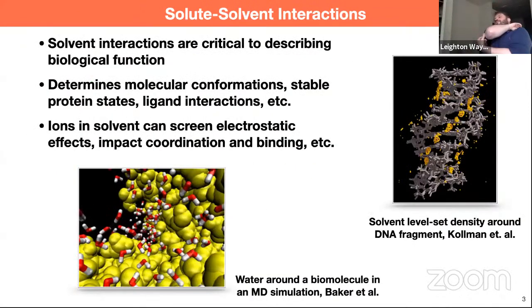Okay, so this again is not going to be something that's surprising or news to anyone, but solute-solvent interactions are very important and critical to describe biological function. We need to model this for determining molecular conformation, stable protein states, et cetera. And ions, of course, can be very important as well, because in solvent, they can screen electrostatic effects, impact coordination and binding, et cetera.